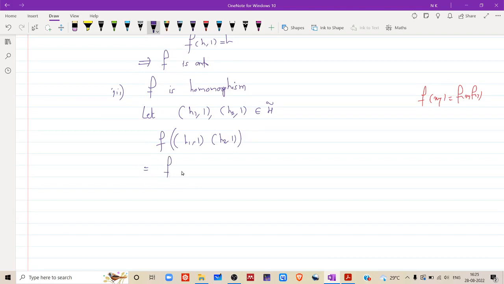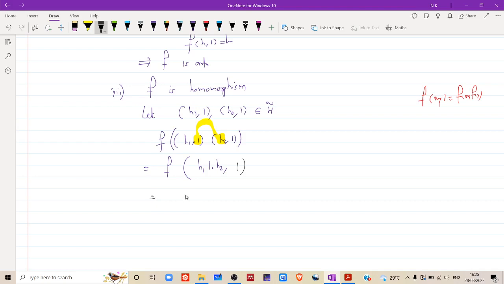But let's find out f of the multiplication, how we define the multiplication. So it is h1, then we have to take the action of this element on this element, so the first element will be h1 dot h2 as per the definition of action, and then we take the product of second coordinates, 1 into 1, which is 1, right?